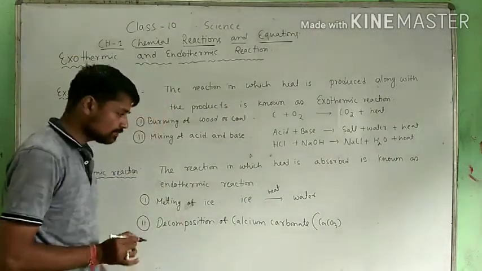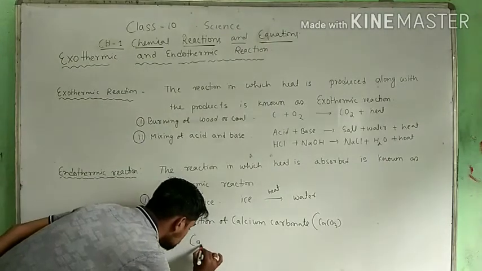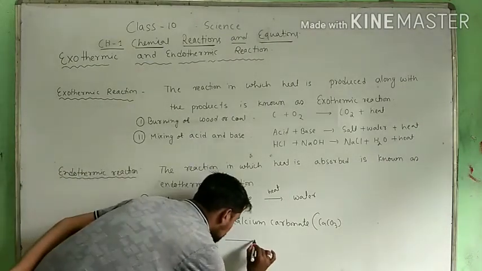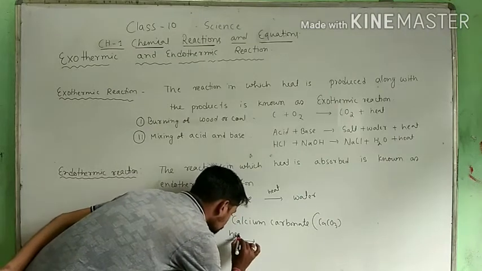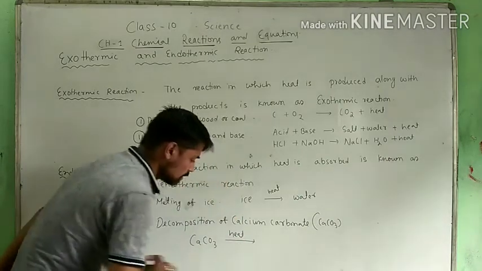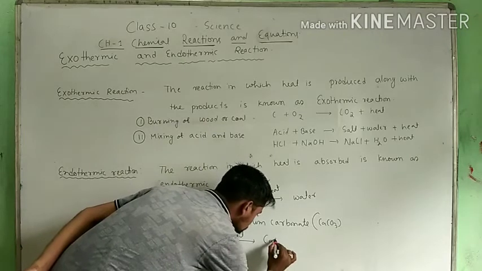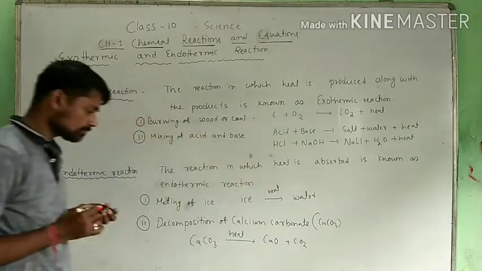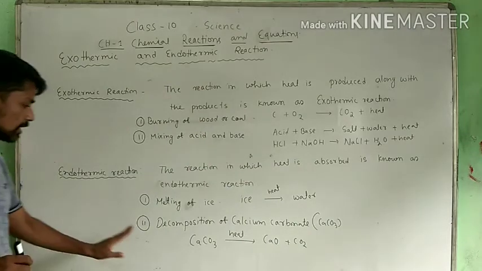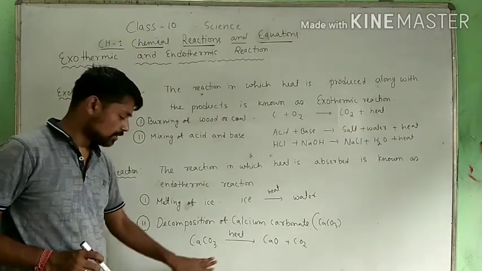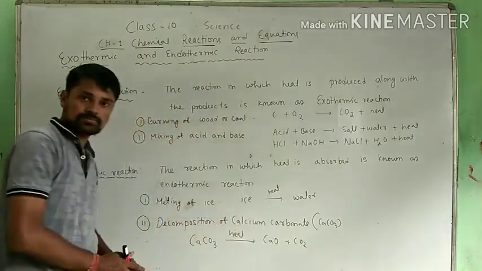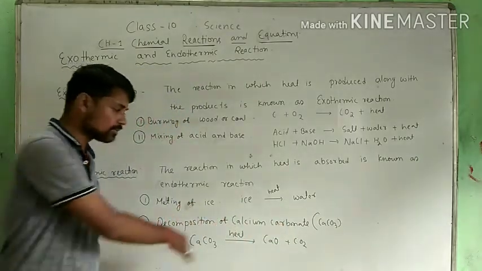In this reaction, what happens? Calcium carbonate is decomposed when we apply heat, and it produces calcium oxide and carbon dioxide. So in case of endothermic reaction, heat is required. If we don't apply heat, the reaction will not happen. No reaction will happen.